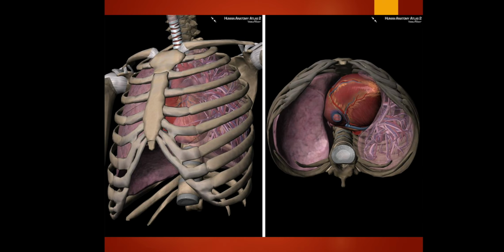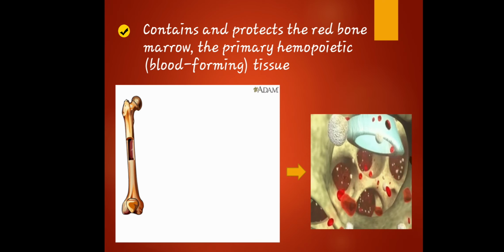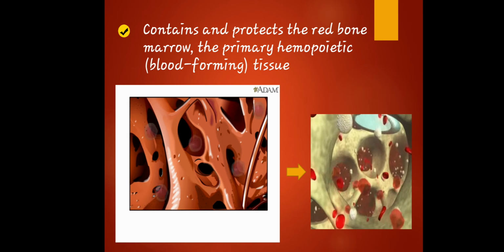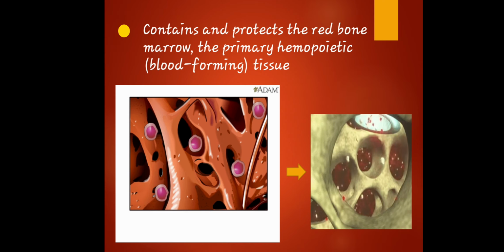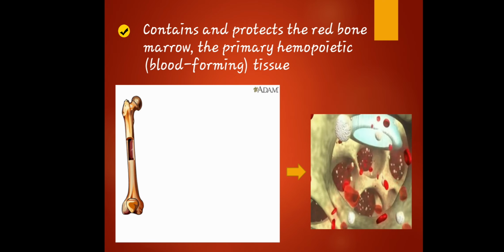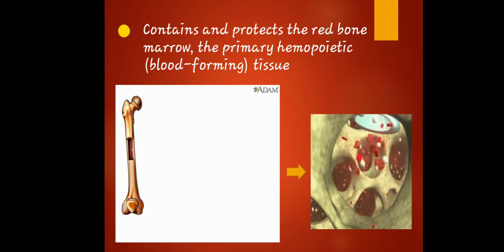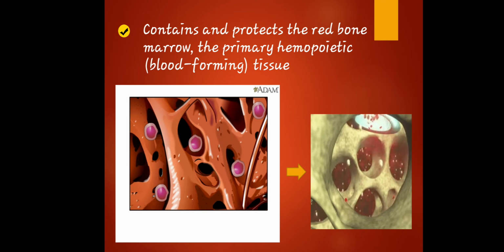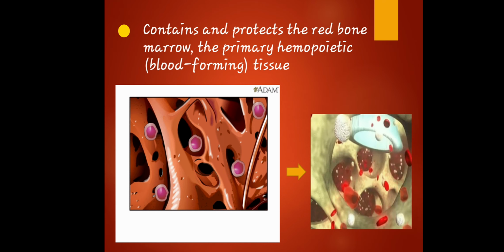Okay, let's proceed to another slide. Aside from the protection, support, and also how we can flex or walk, the skeleton also contains and protects the red bone marrow, the primary hemopoietic or blood forming tissue. To be exact, when we say hemopoietic, it is the production of all types of blood cells.